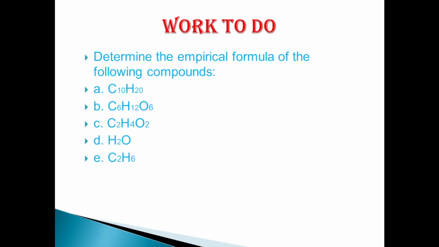Now, it is possible for the empirical formula and the molecular formula to be the same thing if the empirical formula can never be further broken down to a simpler ratio. Like the case of option D, that is what you are going to see. So don't be surprised when you see the molecular formula to be the same thing as the empirical formula of a compound. So pause the video and determine the empirical formula of the following compounds.